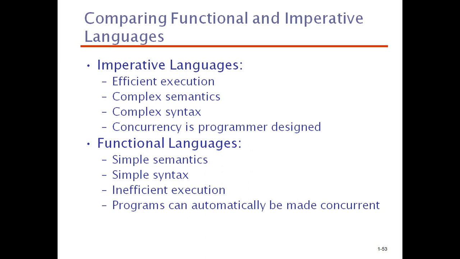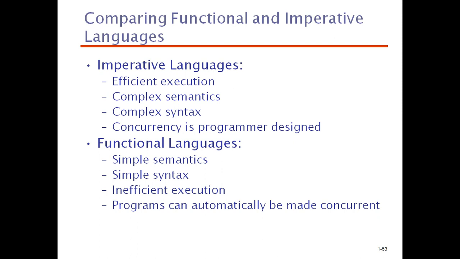In the case of functional programming languages, there are simple semantics, simple syntax, and inefficient execution. Inefficient execution means that here there is no completely dedicated recursion support. When you have recursion, obviously you require a full runtime stack. These kinds of things were not supported in the functional languages.